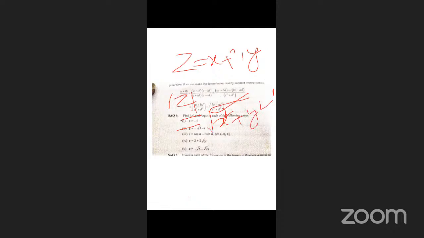Here the first problem is z equal to minus i. We can write z equal to 0 minus i. When comparing with z equal to x plus iy, x becomes 0 and y becomes minus 1.